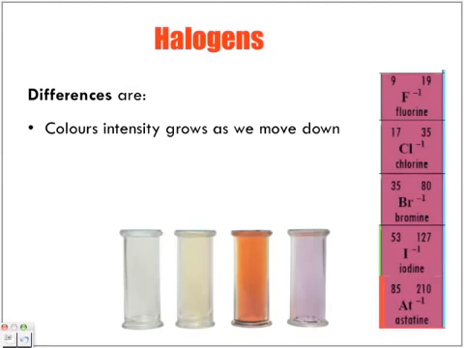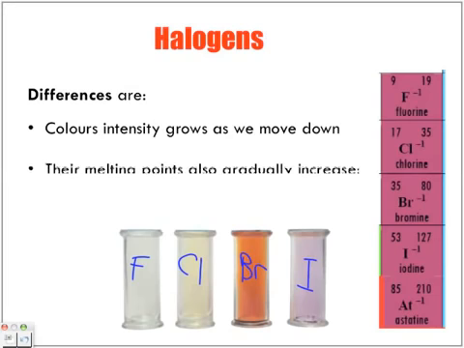So, as we have here, in the first one, we've got fluorine, we've got chlorine, we've got bromine, and we've got iodine. Okay, so as I said, we've noticed that there is a distinct color amongst the halogens, and that the intensity of the color actually increases as we move down the periodic table.